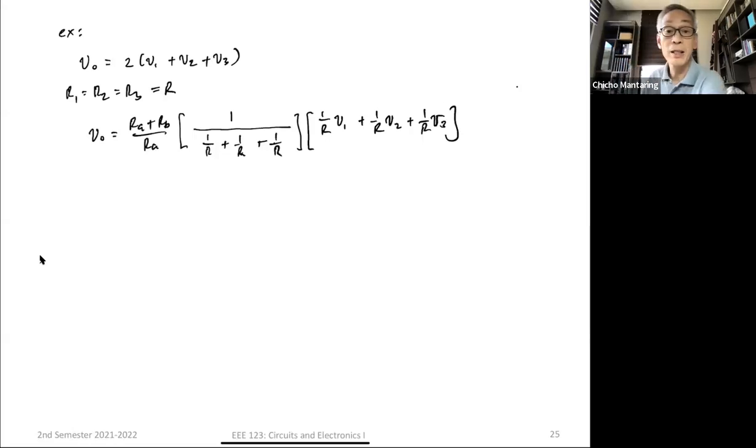Yun ang lalabas. So this is 1 over G1 plus G2 plus G3, this is G1 V1, this is G2 V2, and this is G3 V3.